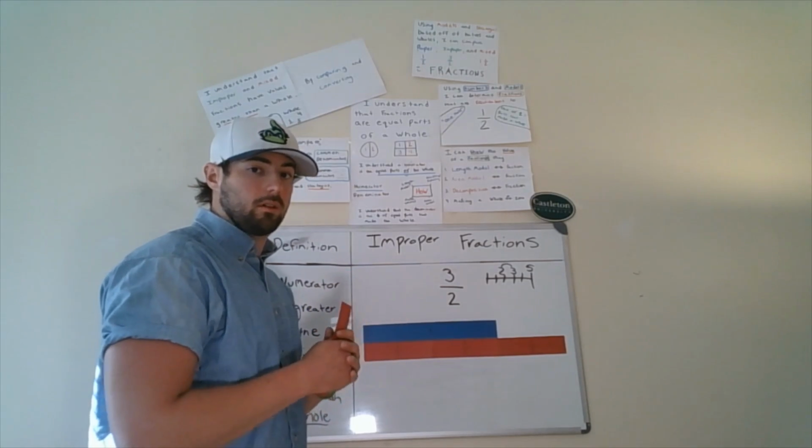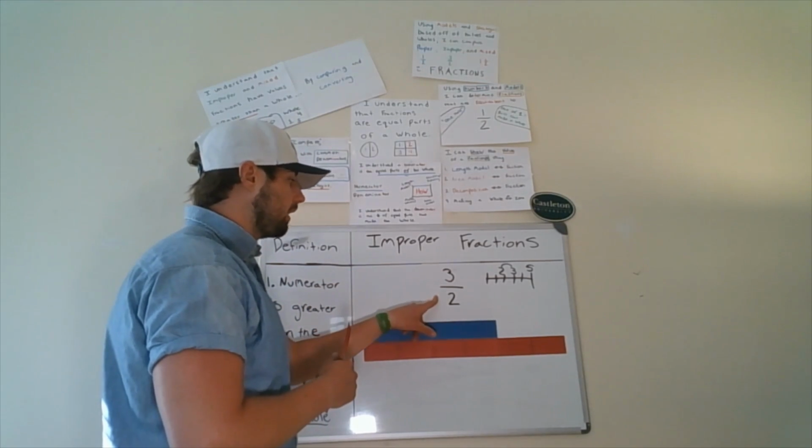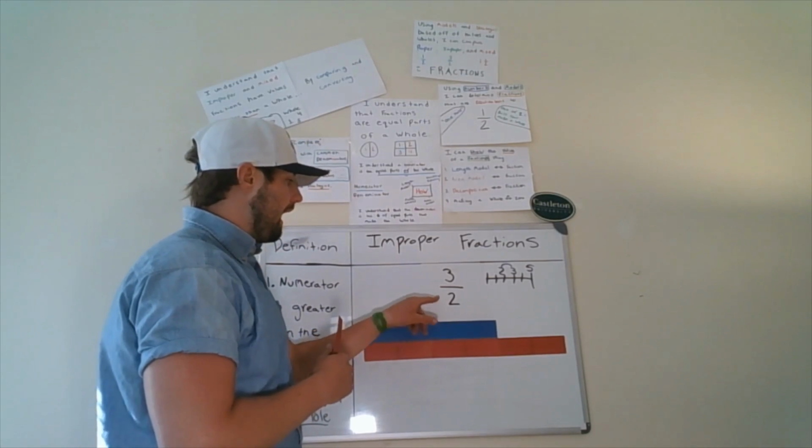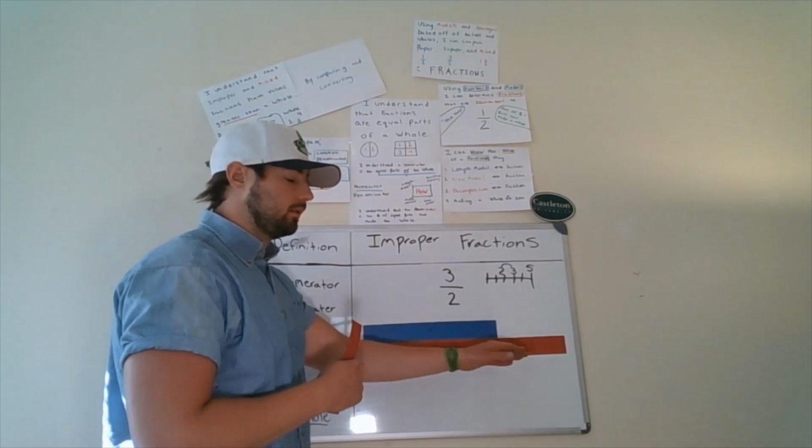It has more value. We have more parts than a whole. 3 halves. 1, 2, 3.